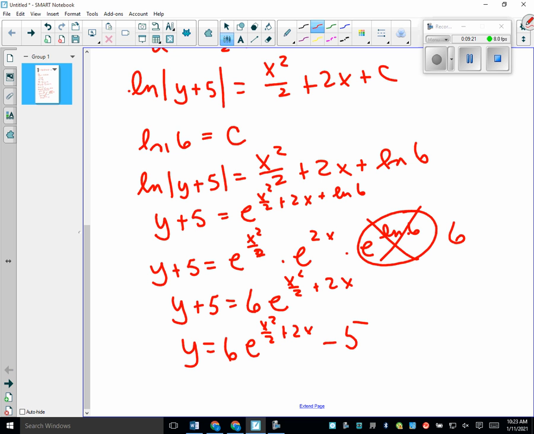And that was the easiest one. If we don't change e to the ln of 6 to 6, will we be counted off? Yes.